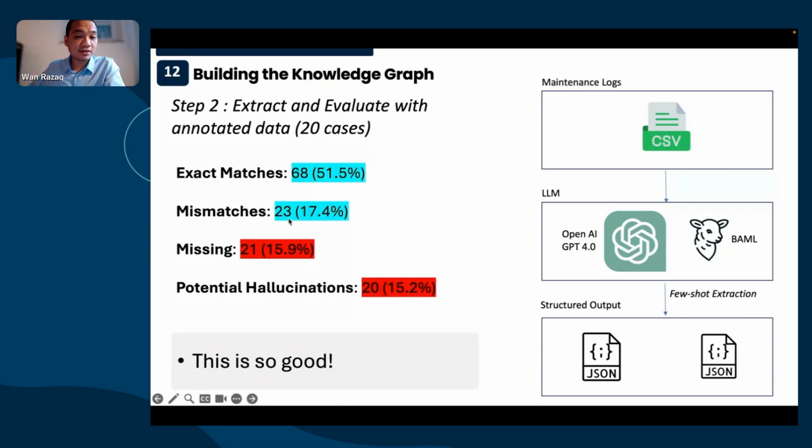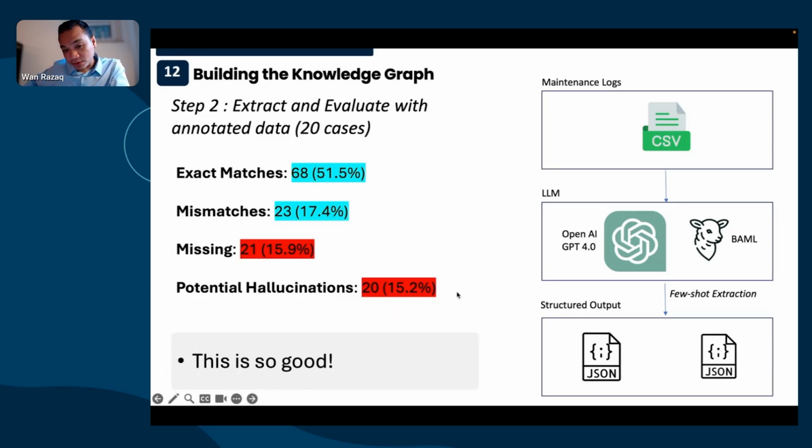Then mismatches, where some entities do not match completely, maybe slightly different in wording, but still accurate. In total, it's around 69%, almost 70% accurate. Then missing is what we annotated that doesn't appear in the LLM output, and the potential hallucination is 20.